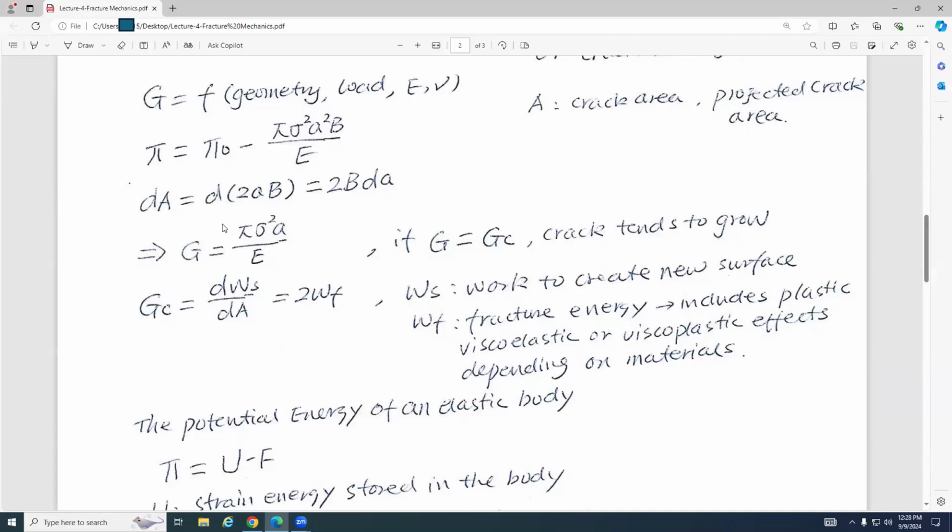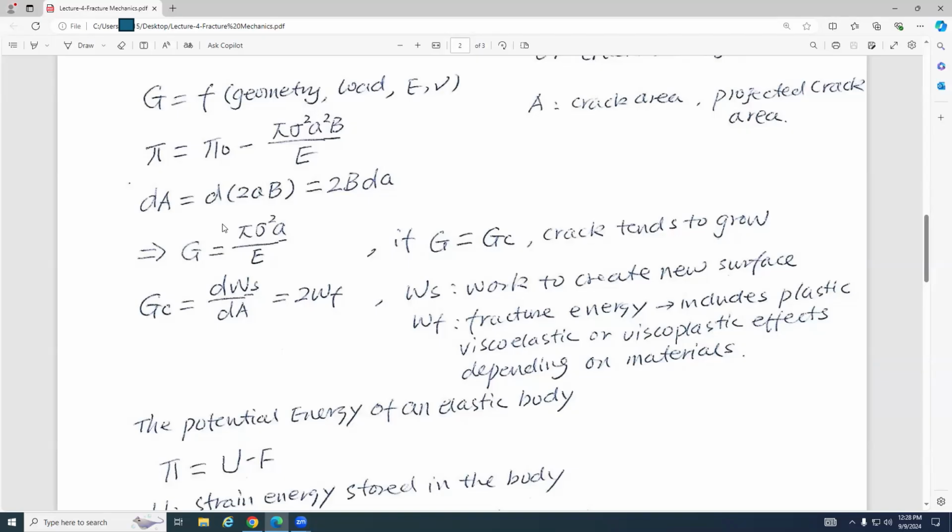Omega S, you can call it omega S or Ws, is the work to create a new surface, S is the surface. It is how much energy you need to get the new crack. So give it a GC.